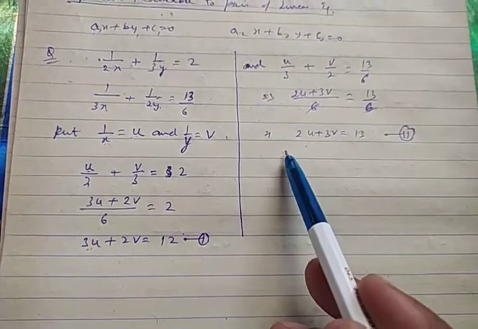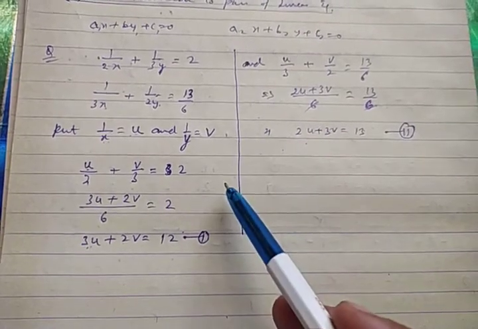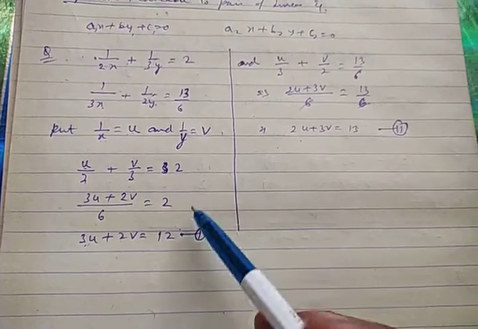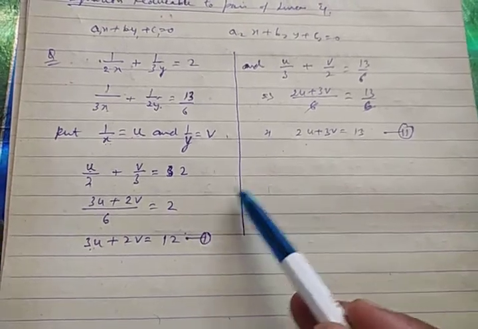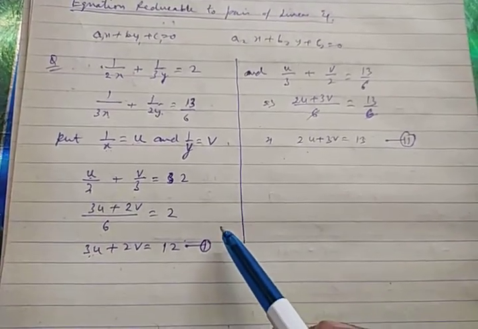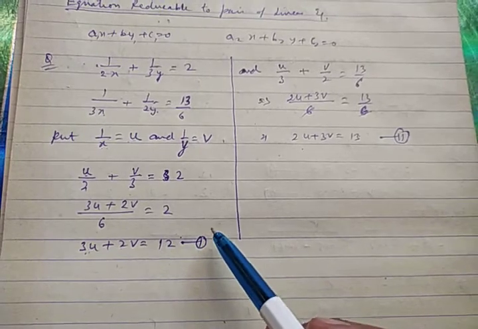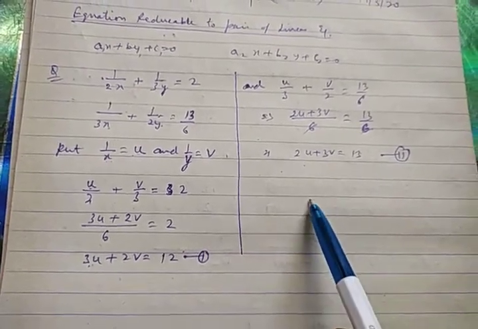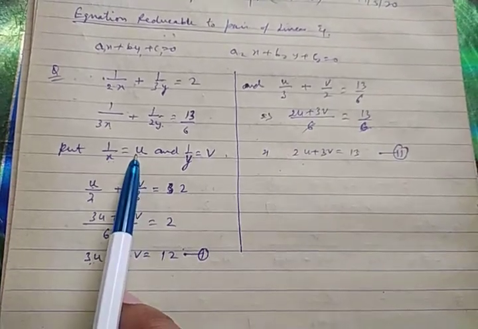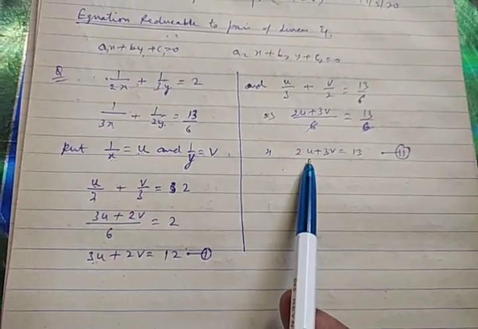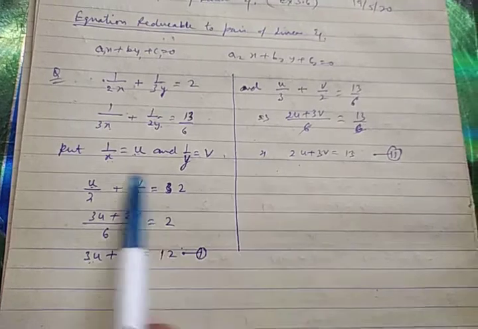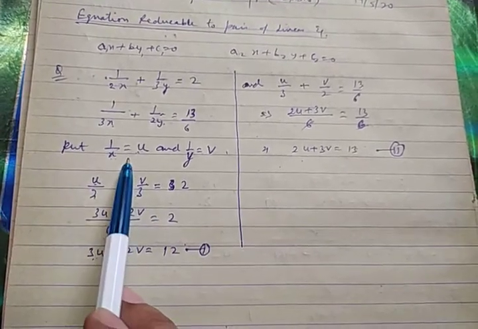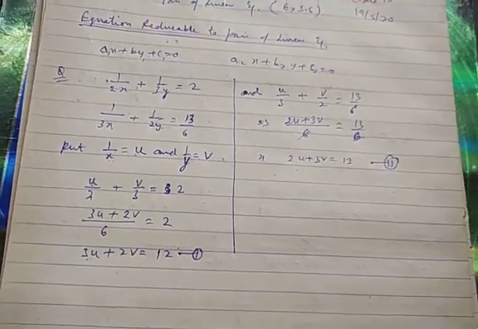Now you have got the two equations, and these can be solved by any of the three previous methods. Whatever values you get for u and v will be substituted back.